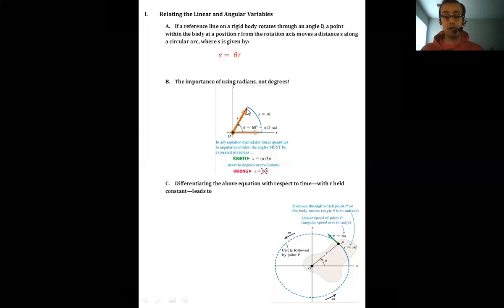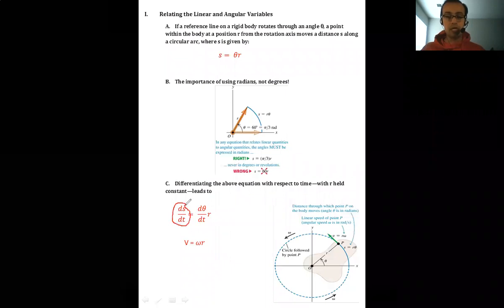It's not going to vary with what angle you've got, or with speed. So if we differentiate both sides with respect to time, and we hold r constant, that means that ds by dt is equal to d theta by dt times r. And we'll notice something kind of interesting.